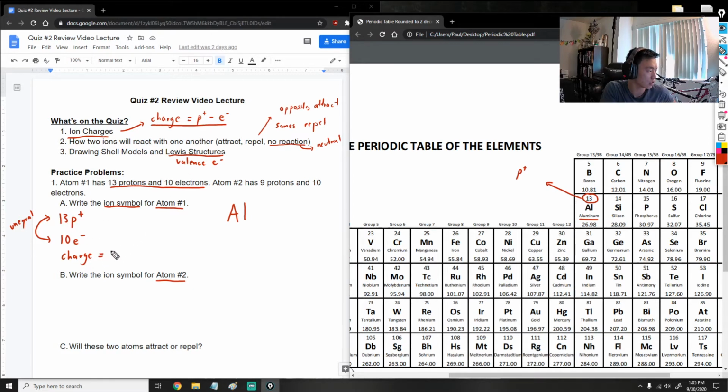We have 13 protons minus the electrons, and we have 10 electrons. So you guys can do 13 minus 10. 13 minus 10 is going to be 3, and it's a positive number. So that means the charge is going to be 3 plus. So our first atom, atom number 1, is going to be Al 3 plus. That's going to be the answer to that part right there.